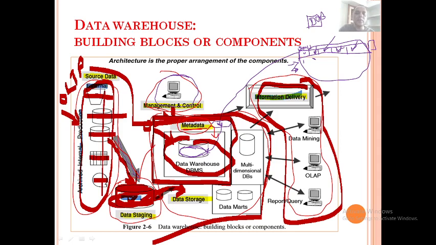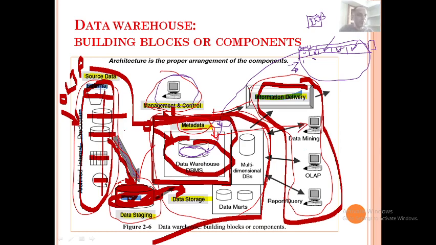Whatever information you need, whenever you search for particular information, first it will go to metadata, then if it is there, it will send a request to the data warehouse, and from the data warehouse you can extract the information and deliver it to users with various applications, the information delivery systems.